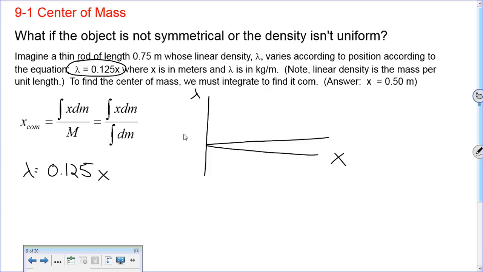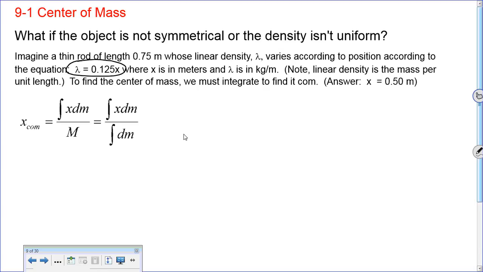Good, you guys? Okay, so this is going to be some calculus. Here's how you find the center of mass. It's basically the same summation that we just did, but written as an integral. To find the position of the center of mass, you integrate the position of your mass and then divide it by your total mass.